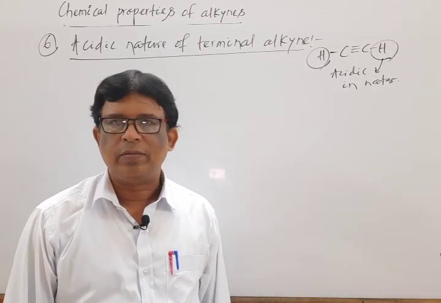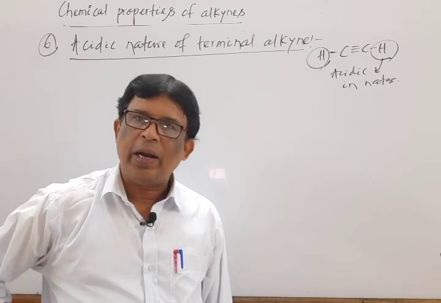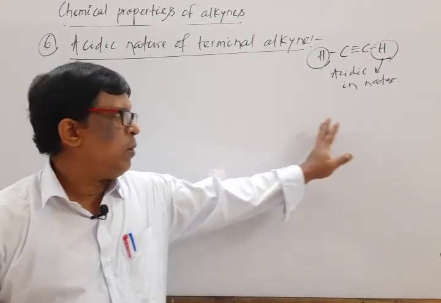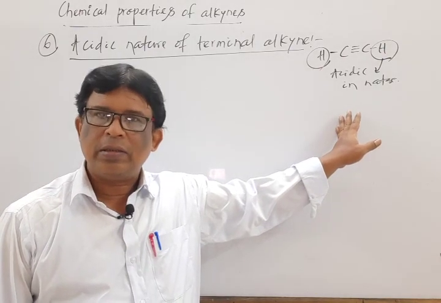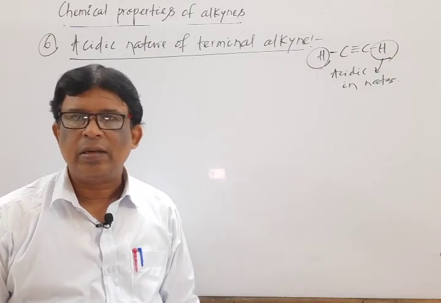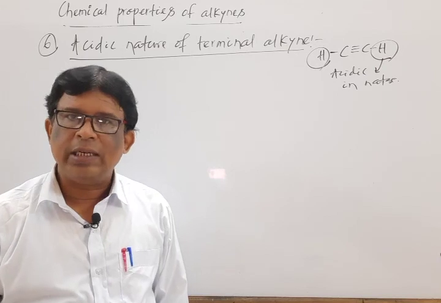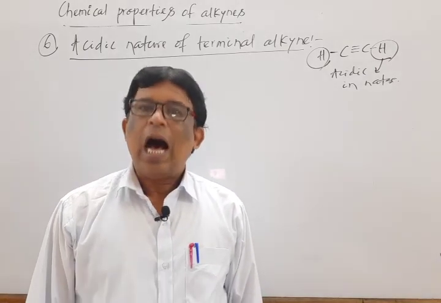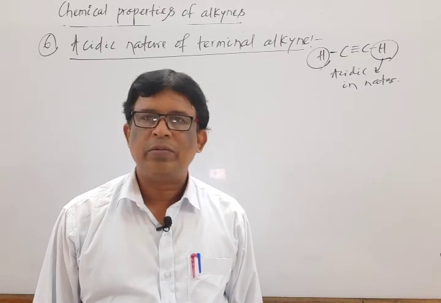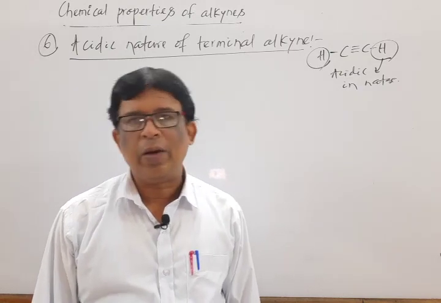cuprous chloride. When it reacts with sodamide, hydrogen gas is replaced, indicating acidic nature. When it reacts with a Tollens reagent, what is a Tollens reagent? Very, very important one, that is ammoniacal solution of silver nitrate. What happened?